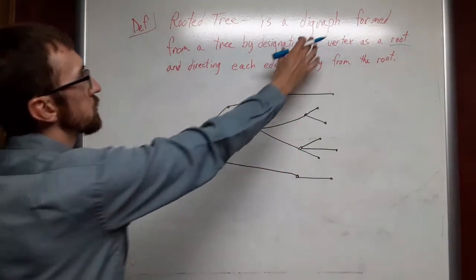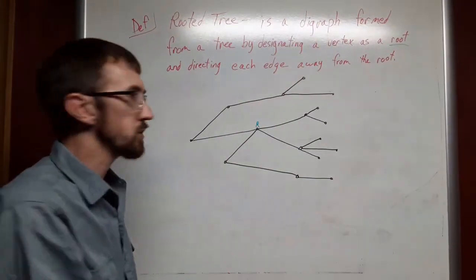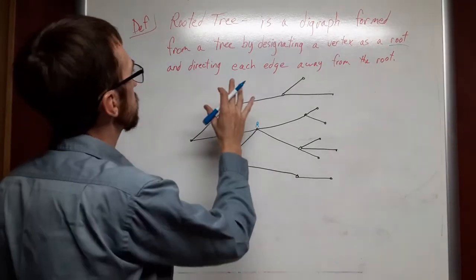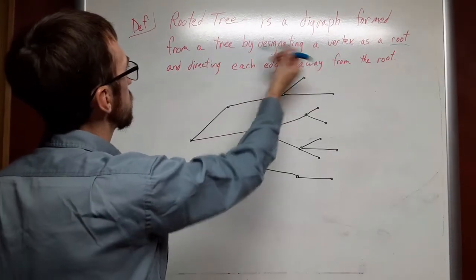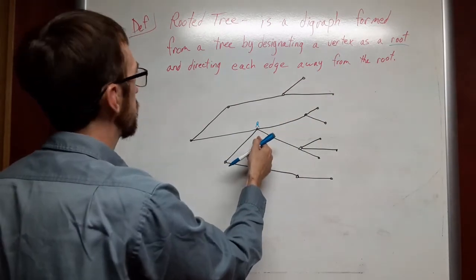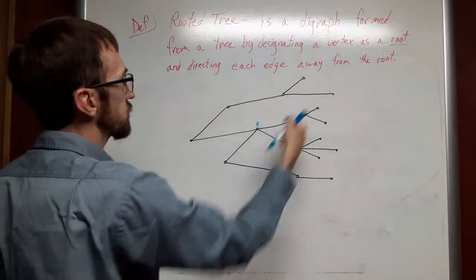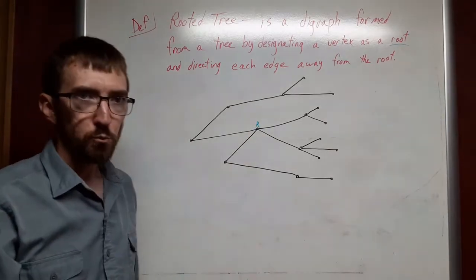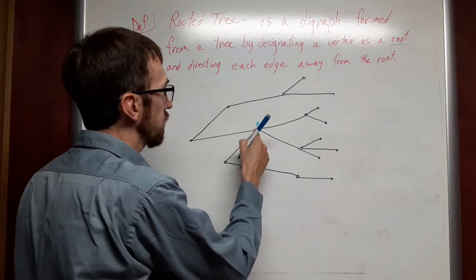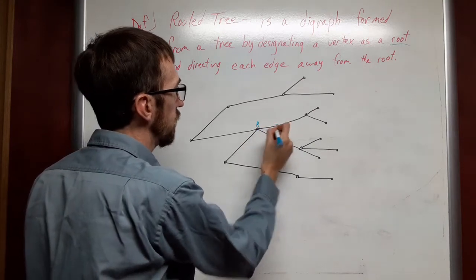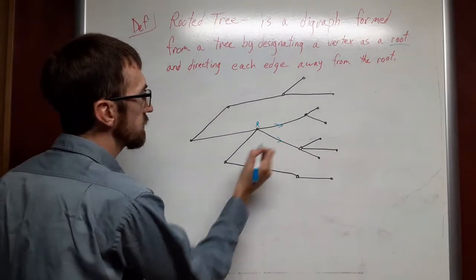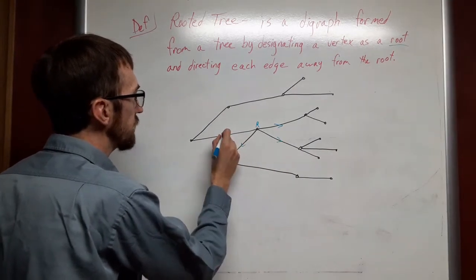To create the digraph, which is a directed graph, we have to add directions to each of our edges. According to the definition, the digraph is formed by designating the vertex, which we've done, and then directing each edge away from this root. So if this is my vertex, then I want the direction arrows to go away from that on each edge.